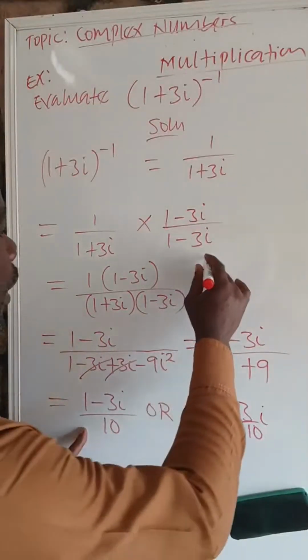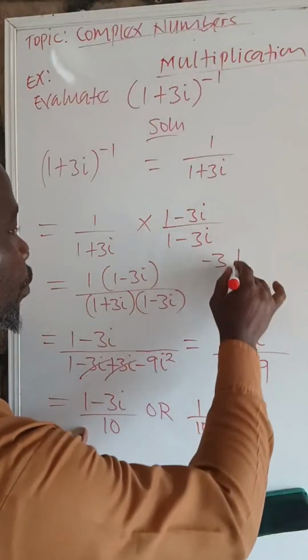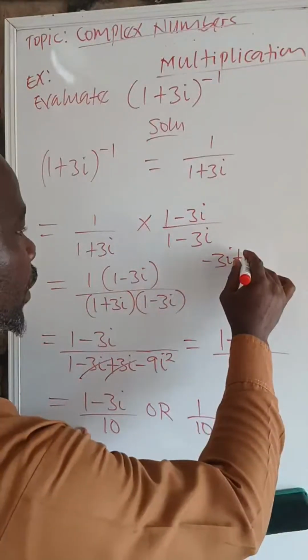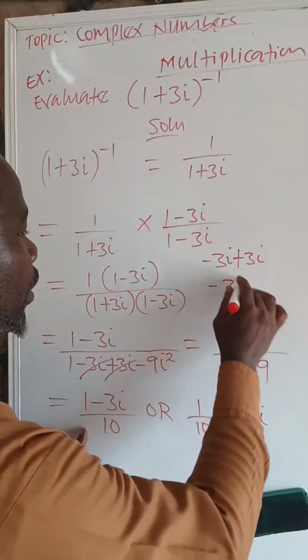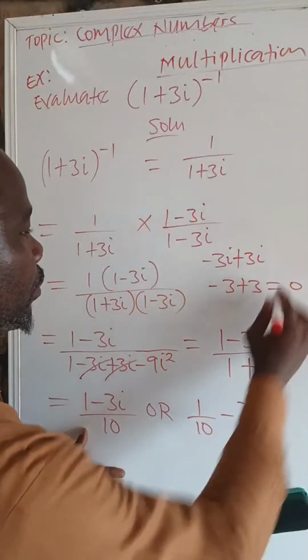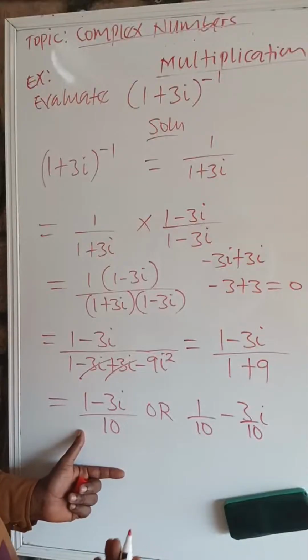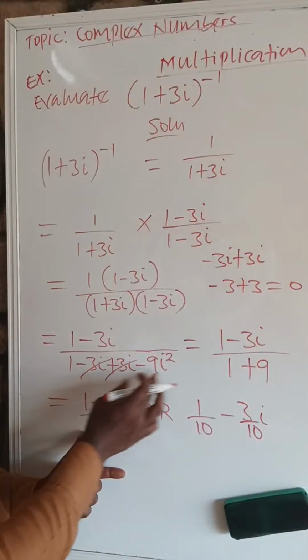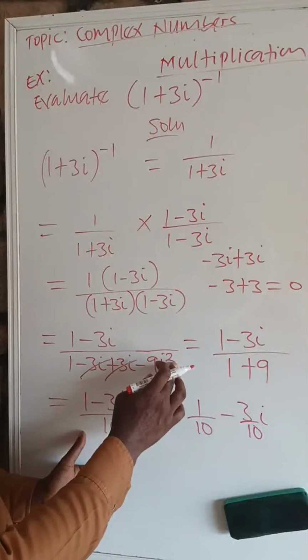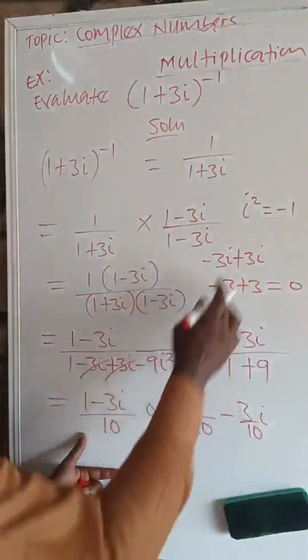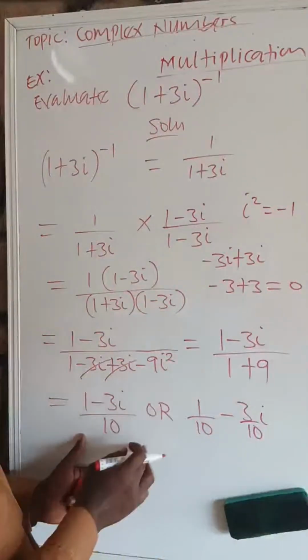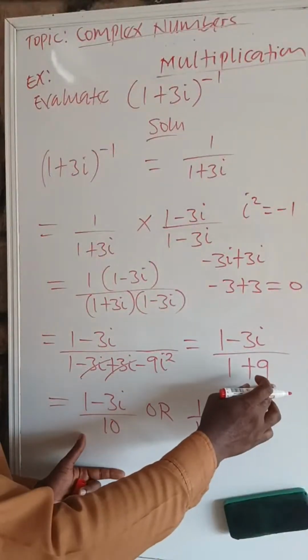Then here we have minus 3i plus 3i, just like minus 3 plus 3, which is equal to 0. But mind you, we have 9i squared. I squared is minus 1, so minus 1 times minus 9 is plus 9.